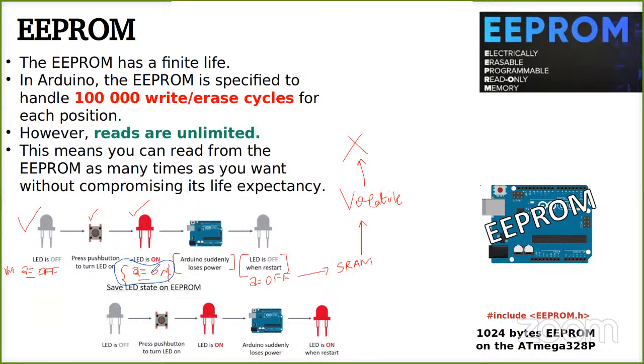For that we use the EEPROM. So EEPROM is used only for this specific purpose. Now, if I am okay with my LED turning off after the Arduino has lost power supply, fine, no issues. I will not use the EEPROM. But I will use the EEPROM if I want the LED state to be retained even after the power is lost.